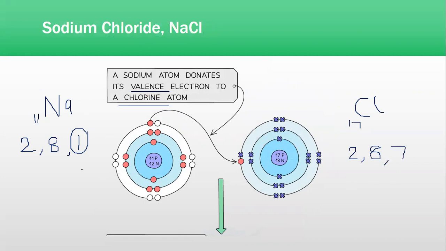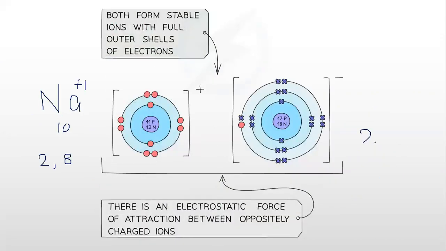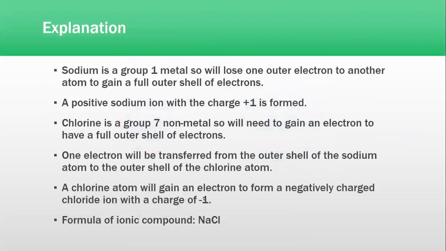This chlorine gained an electron from this sodium, and the new electronic configuration of chlorine is now 2, 8, 8, because chlorine now has a charge of -1 and it has 18 electrons. Moreover, there's a positive charge on sodium and an overall negative charge on chlorine. There's an electrostatic force of attraction between these oppositely charged ions as well.